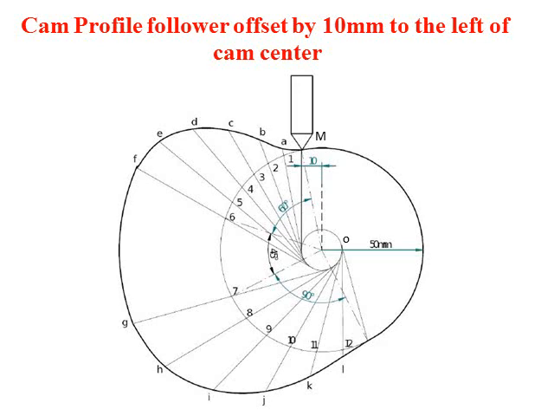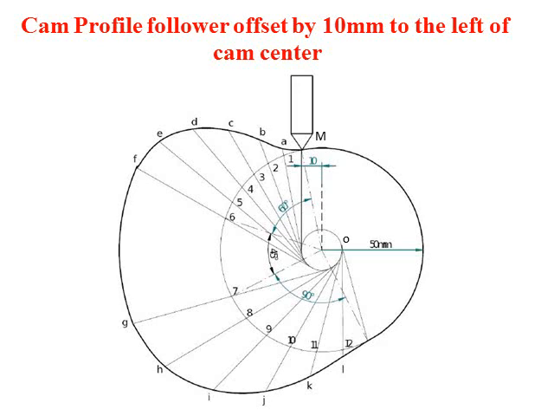Since the offset is 10 mm to the left of the cam center, measure 10 mm and draw one more circle, called the offset circle. Now on the circumference of the offset circle, draw a straight vertical line, and it will intersect the base circle at point M. That will be the starting point of the follower. Now join M to O.